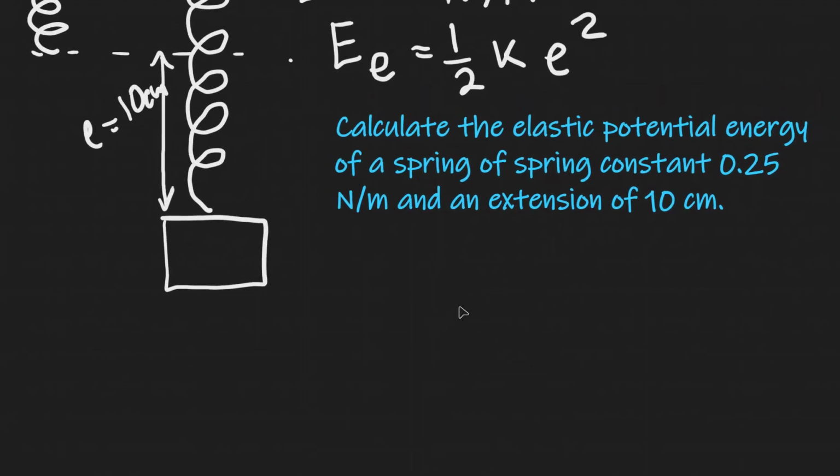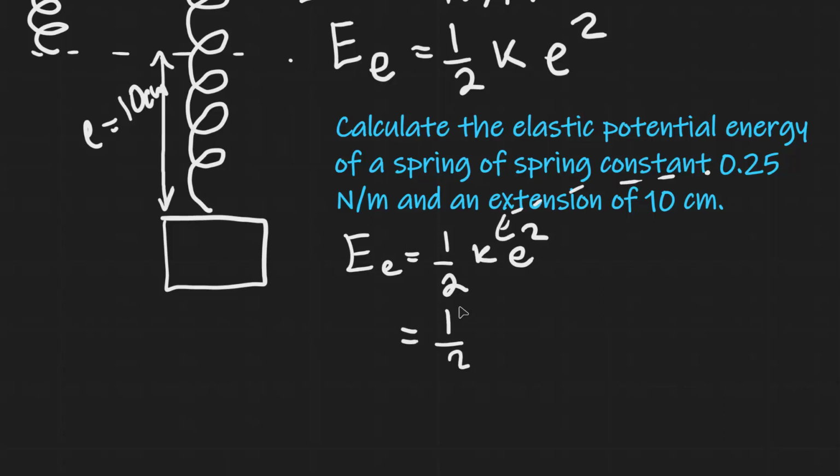Okay, so let's start off just by writing our equations. So we know that E_E is equal to a half K E squared. Now we know that our spring constant is 0.25, so this will be equal to a half times 0.25.